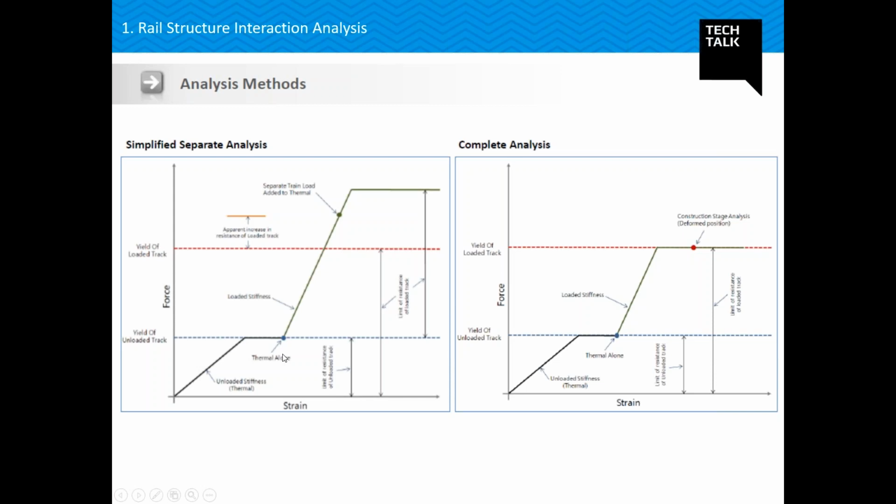Now when my loading is coming, if I am doing separate analysis for unloaded condition, suppose the stiffness of my ballast is 25. This 25 stiffness is already consumed by my temperature load case. But if I am now doing the live load analysis on a different model, it will take 50. From here it will take 50.